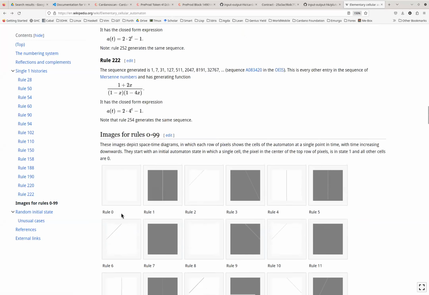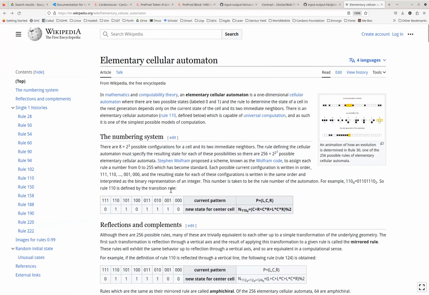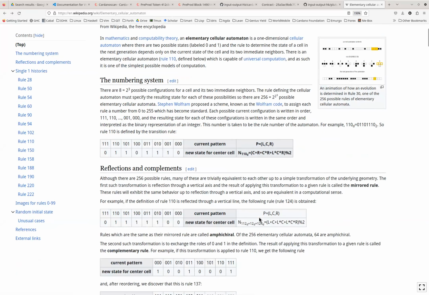That's okay, rule 18. How do rules work? The numbering system, current pattern, new state for center cell. Right, so I try to remember how that works.